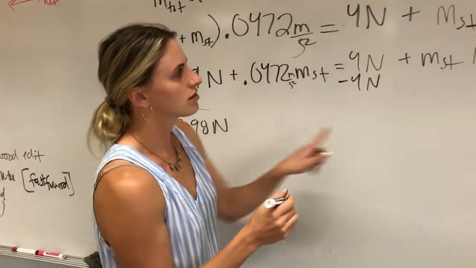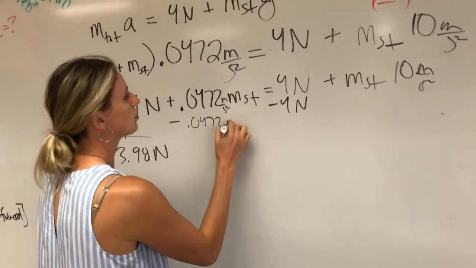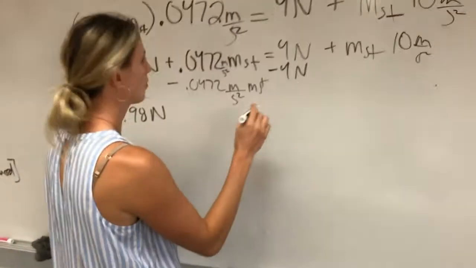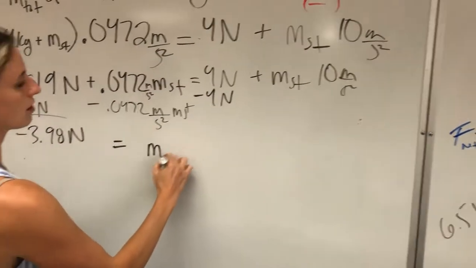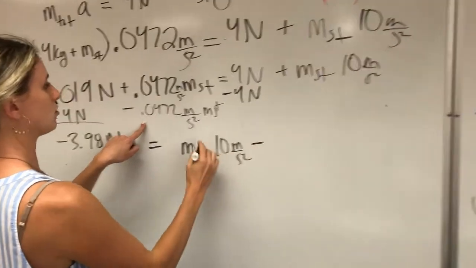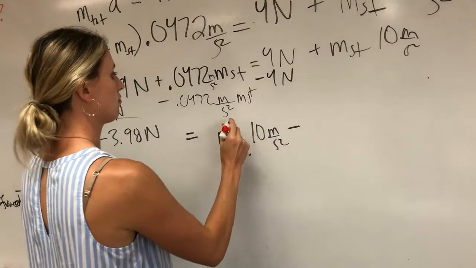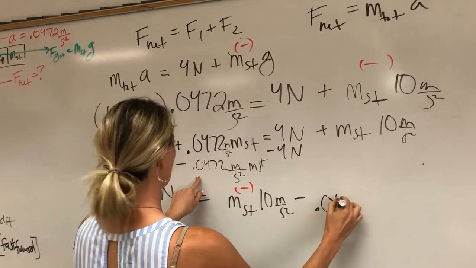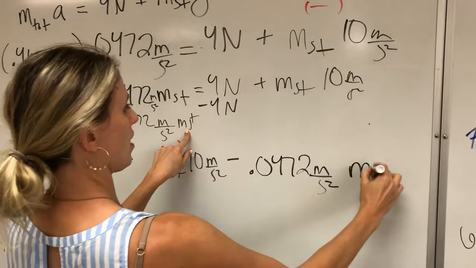I'm going to subtract this and put it over here, minus 0.0472. I'm going to go ahead and make it look like this. Mass of the stapler, 10 meters per second squared, minus, and don't forget, this is a negative number, minus 0.0472 meters per second squared, mass of the stapler.